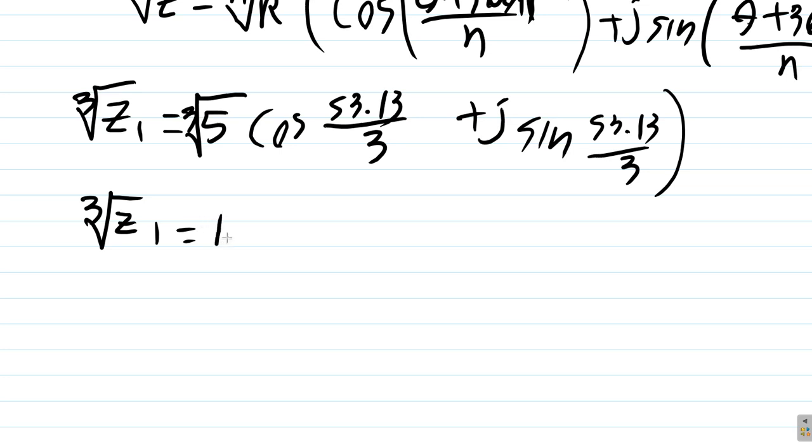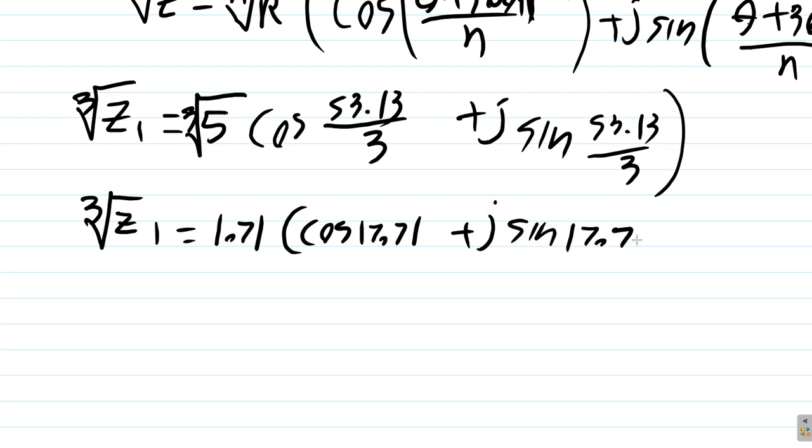So we have 1.71 cos 17.71 plus j sine 17.71. You see that so far. Cube root of 5 times that.